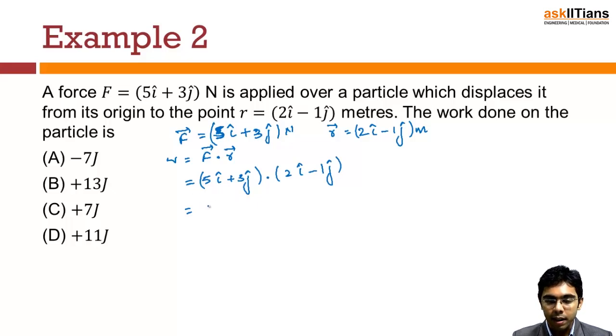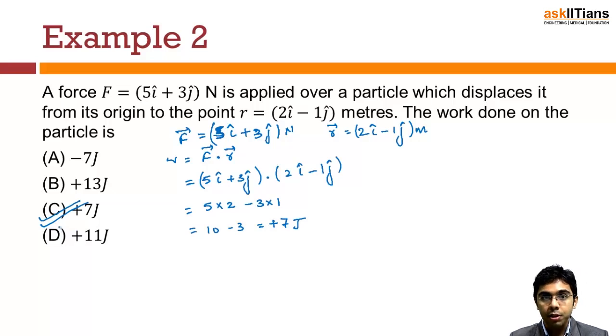So the terms left after taking the dot product are 5 into 2 minus 3 into 1, which gives 10 minus 3, that is plus 7 joules. So the correct option is option C, that is 7 joules. So work done is 7 joules for this question.